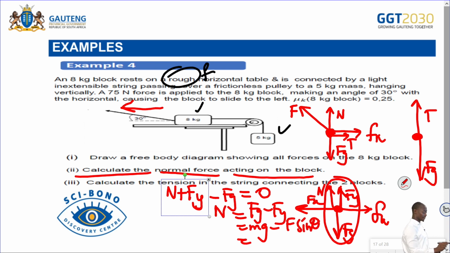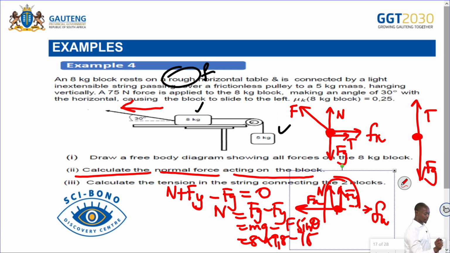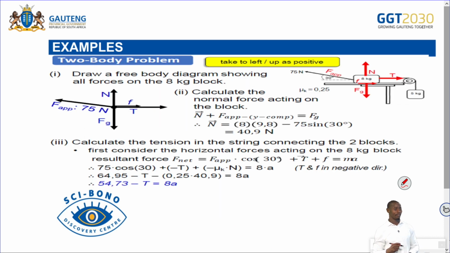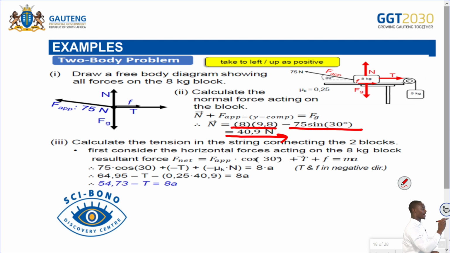So the mass is 8 times 9.8 minus F, which is 75, times sine 30 degrees, since the angle is 30. This is how we find the magnitude of the normal force: Fg minus Fy.